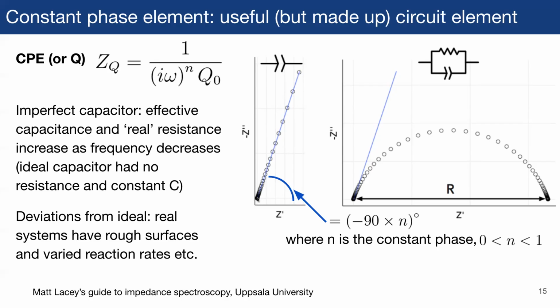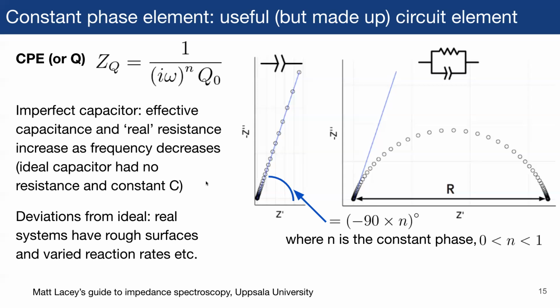Remember that in a capacitor, we're supposed to see a straight line with no value of real impedance, but in some circumstances, we actually end up with a certain amount of real resistance showing up. And this is because of deviations from an ideal capacitor. And so the degree to which this constant phase element deviates from ideality is characterized by this value of n.